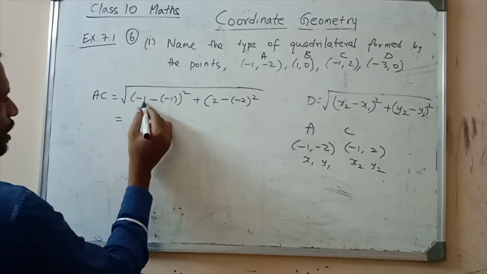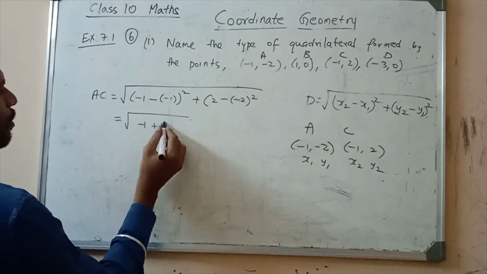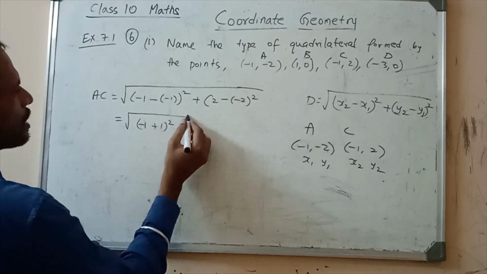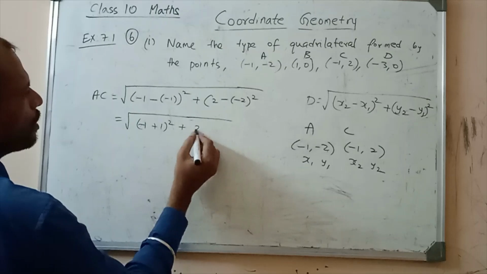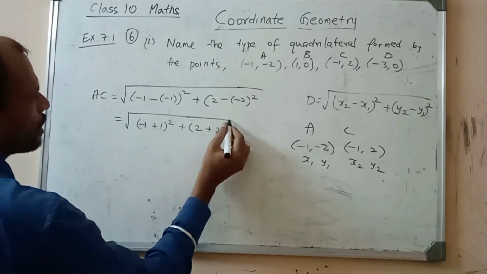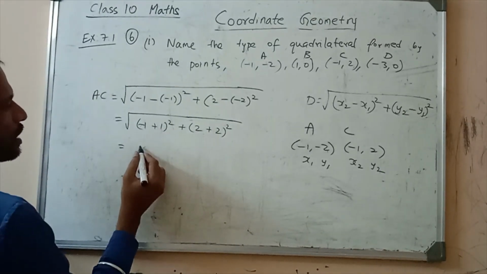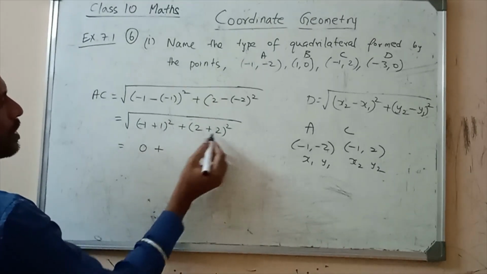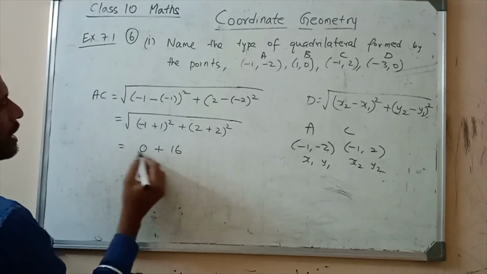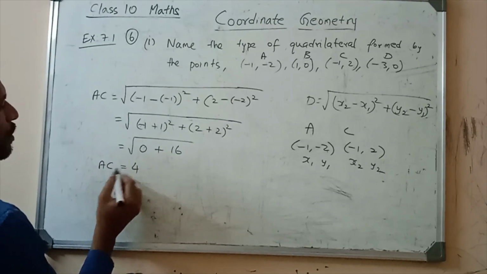So it becomes minus 1 minus of minus, plus 1 the whole square, plus 2 minus of minus 2, it becomes plus 2, the whole square. So minus 1 plus 1 is 0, so 0 square 0 only, plus 2 plus 2 is 4, 4 square 16. Again root 16 is 4 only, so AC value is 4.